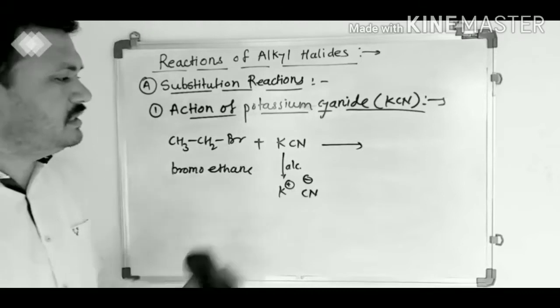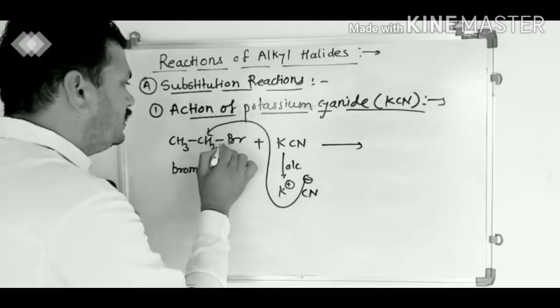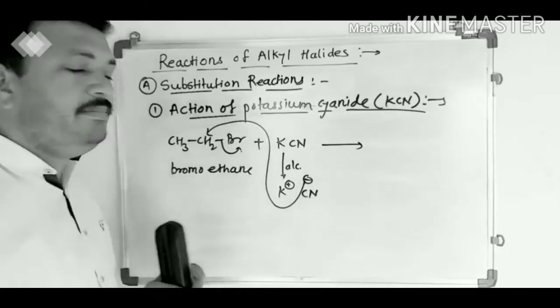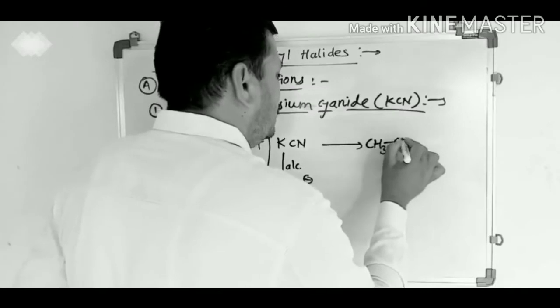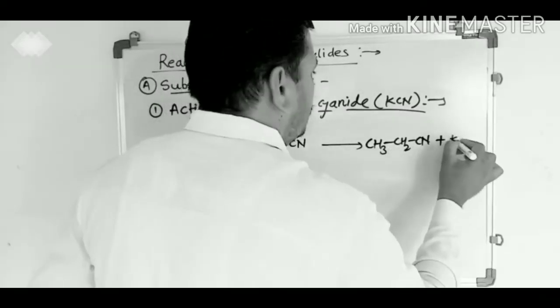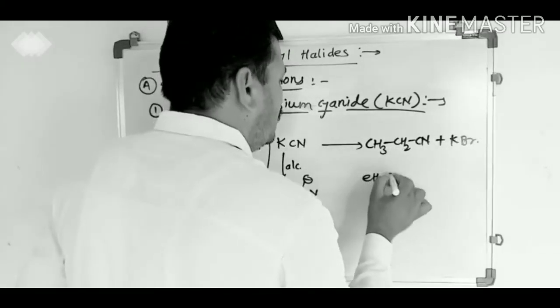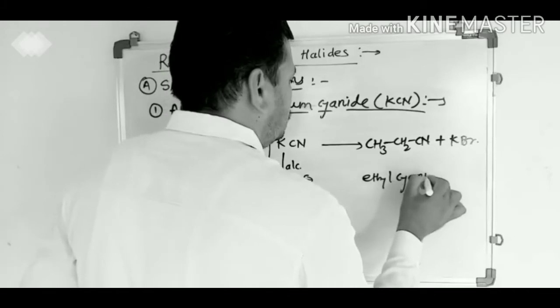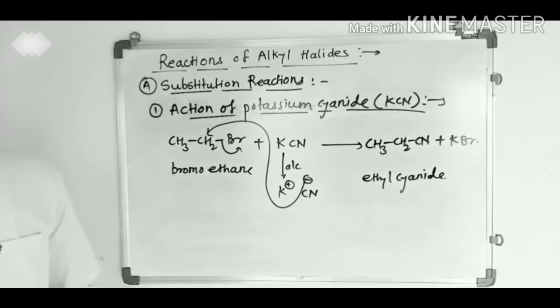This CN minus acts as a nucleophile. It attacks the electron deficient carbon and removal of the leaving group Br minus takes place and we get the product CH3CH2CN plus KBr as the byproduct. It is ethyl cyanide or ethyl nitrile.